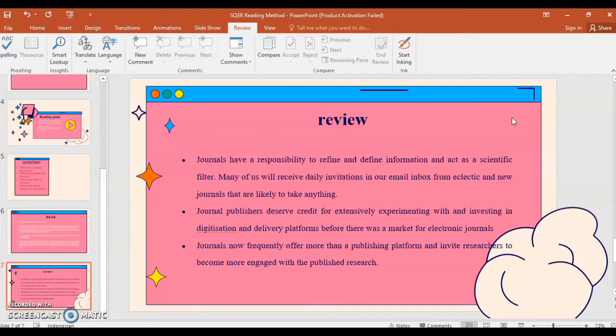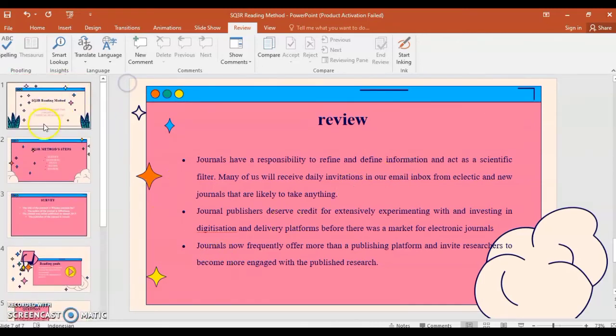Journal publishers deserve credit for extensively experimenting and investing in digitization and delivery platforms before there was a market for electronic journals. Journals now frequently offer more than a publishing platform and invite researchers to become more engaged with the published research.